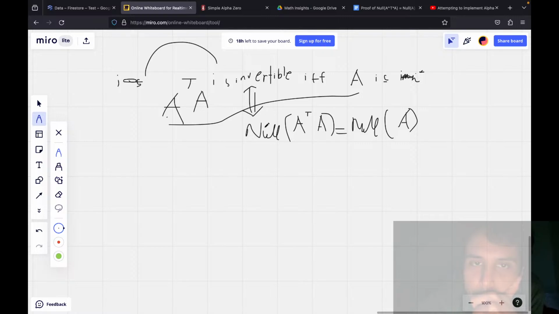Why are these equivalent statements? Well, from the rank-nullity theorem, that could be an exercise left to the reader.